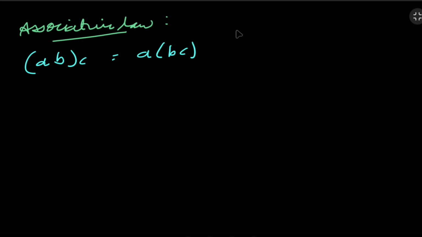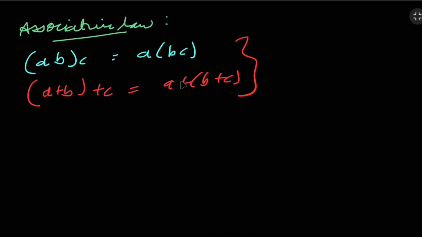Whether we do this, both are same. Yeah. So this is what your associative law is. Same as A plus B plus C is same as A plus B plus C. This is your associative law.